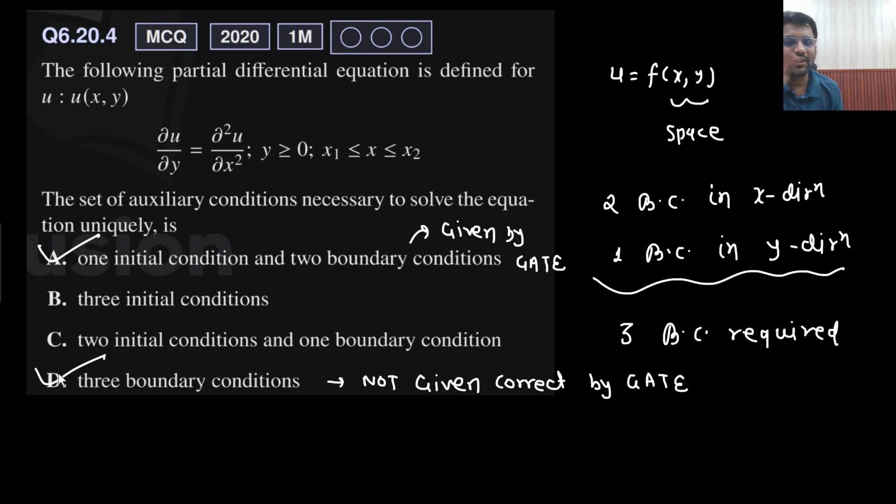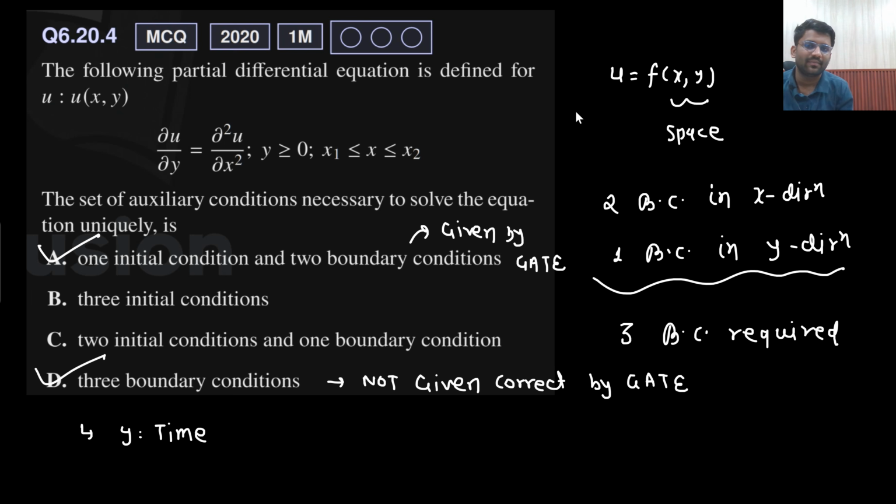Even in the PYQ books everywhere, even if you ask Gemini, Claude, they will also give this answer only. Why is that so? Because the GATE official answer key is out. In the official answer key, they have assumed that y is actually t. Y is time. That's why they said that y is differentiated 1 time, so 1 initial condition and 2 boundary conditions.